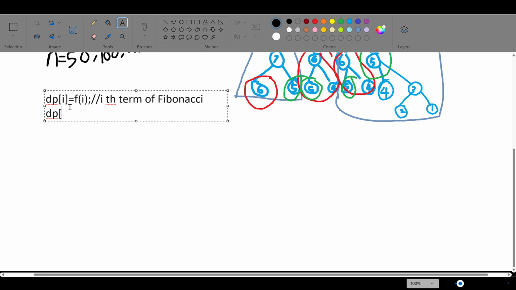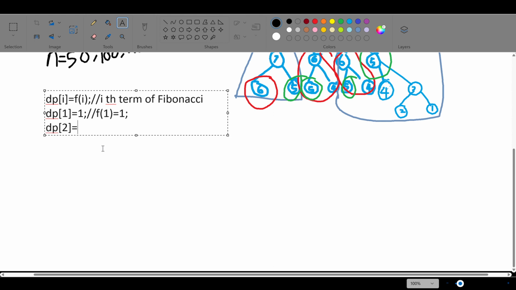Every time in DP problems, we first set up an original value. So we set up a definition for the array. What does dp[i] equal to? We set up the definition for our array, and then we set up the very original values that help us to calculate everything else.